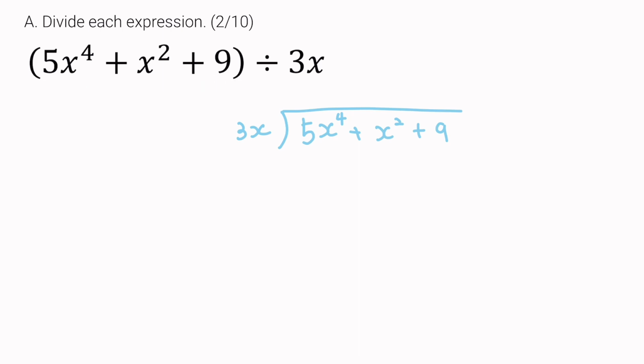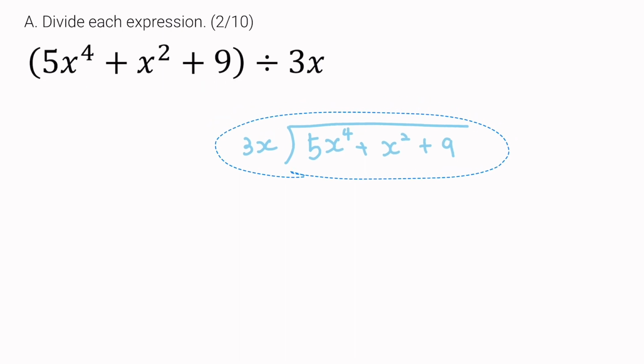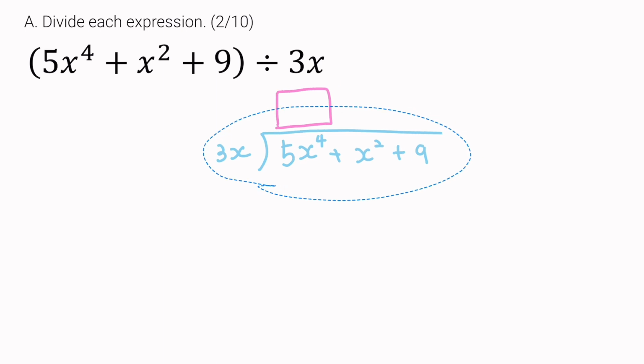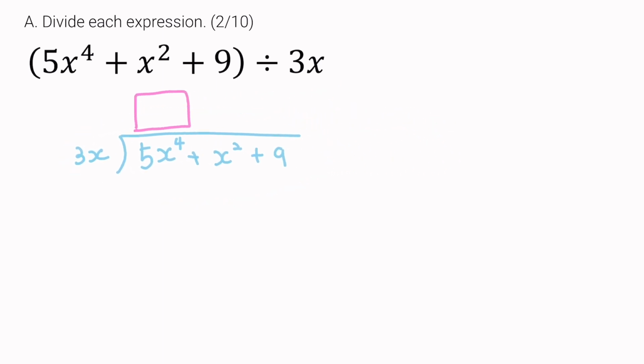All right, good so far. I am going to then write a box, and in this box will go a number or expression that when multiplied with 3x will give me 5x raised to the power 4. Now, this could be a little tricky, so I'm going to rewrite it on the right side of my blackboard.